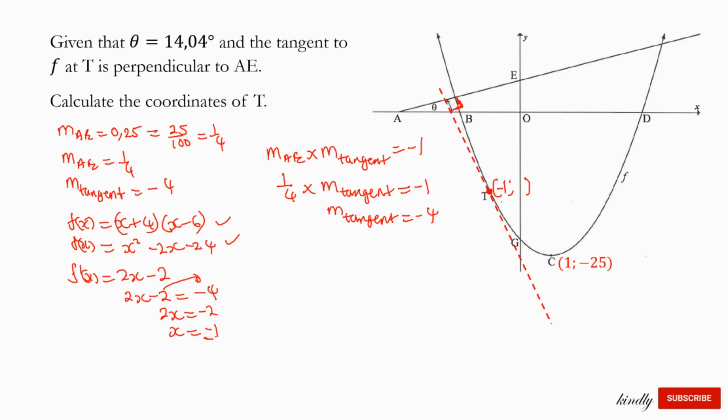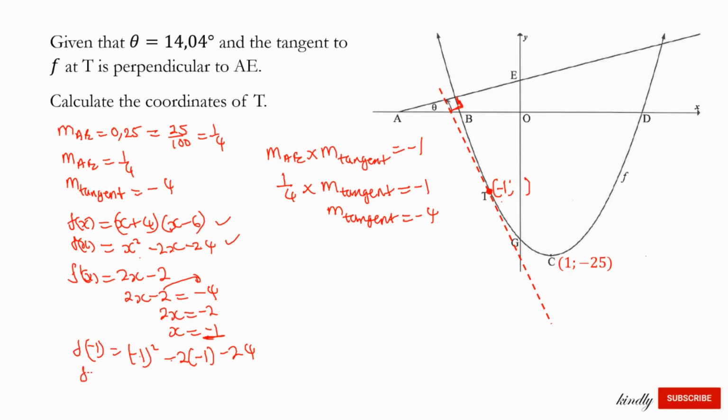Where there's x, we put negative 1. So what is f of negative 1? It's going to be negative 1 squared minus 2 times negative 1 minus 24. Then we get 1 plus 2 is 3, and 3 minus 24 is negative 21.